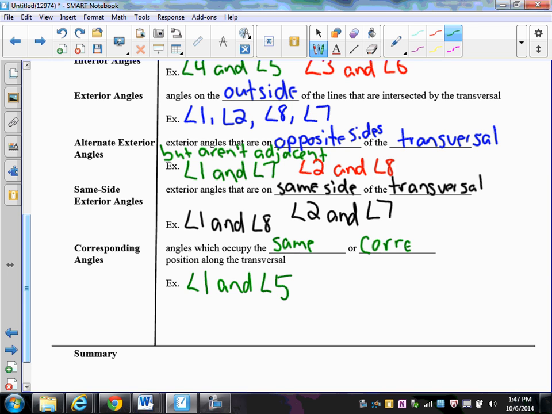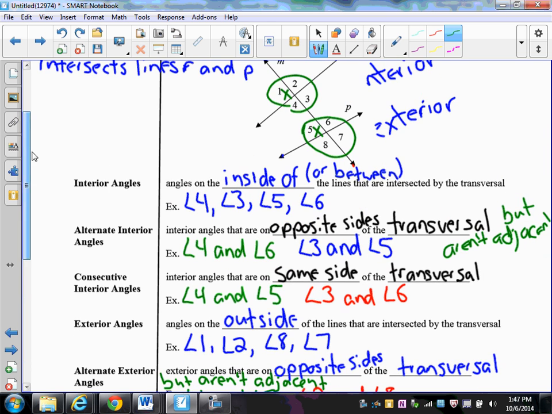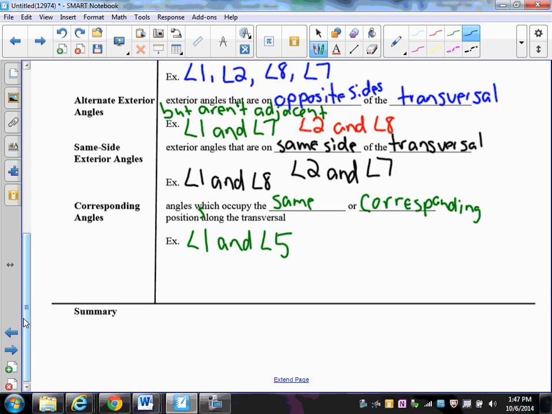The official definition of corresponding angles is angles which occupy the same or corresponding positions along the transversal. So there's my first example. My second example is kind of on top right. That's angle 2 and angle 6. They're in the same position.